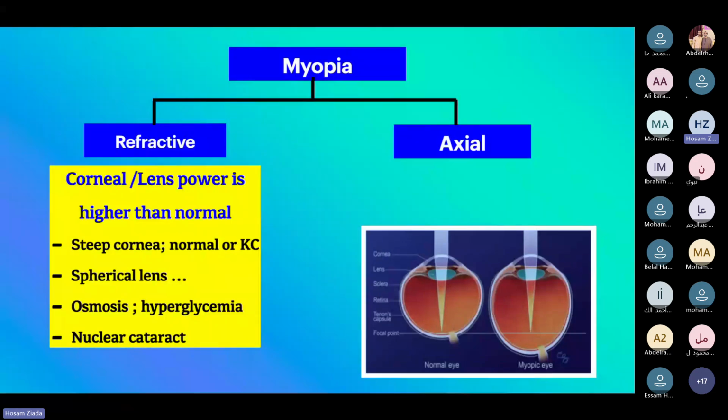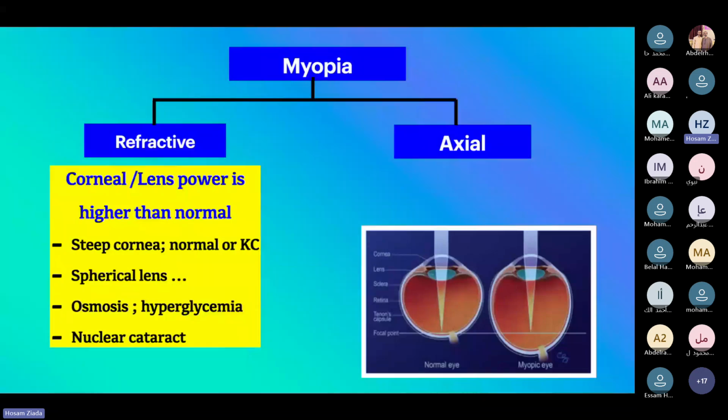So what's the normal? The normal in the adult is around 24 millimeters. Less than 24 is called a short eye, and more than 24 is called a long eye.